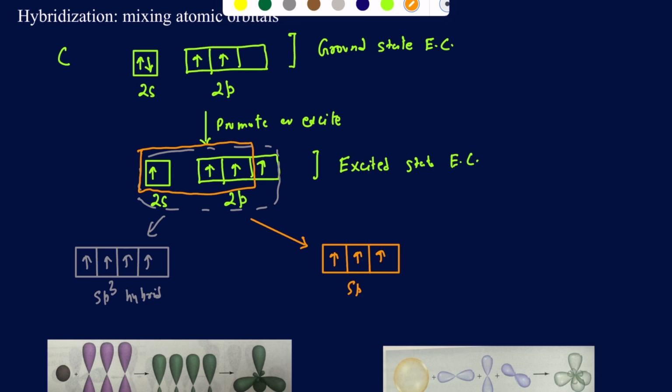That would be your sp2 hybrid orbitals. And then you're going to have one p orbital that is not part of the mixing. Remember that, it still has an electron that is going to be able to make a bond, but we call this an unhybridized p orbital.